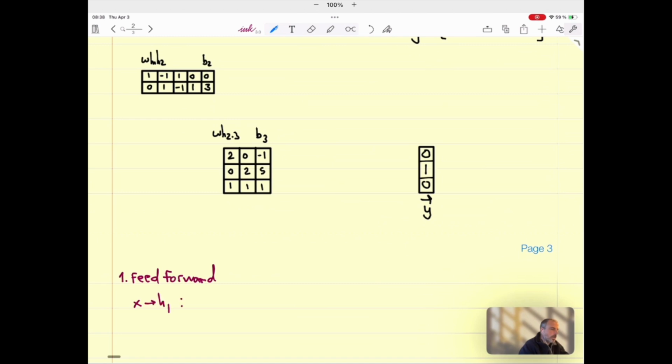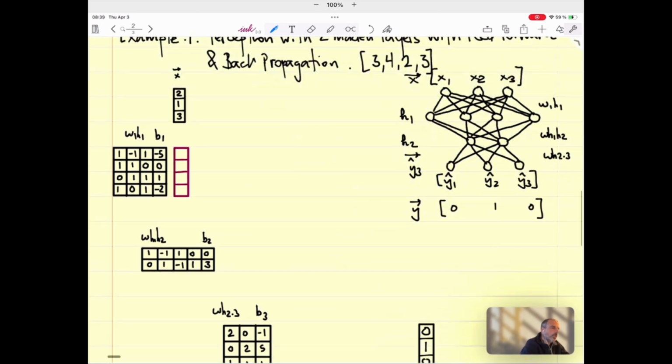Okay. So you can say it's 2 times 1, just like we did above. It's just the same thing: 2 times 1 plus 1 times -1 plus 3 times 1 plus -5.